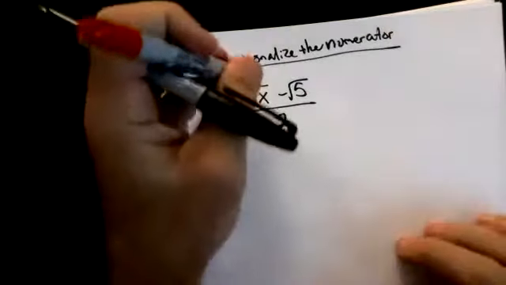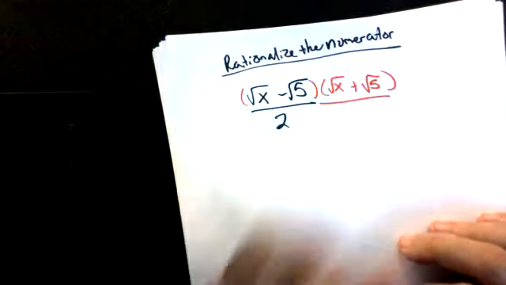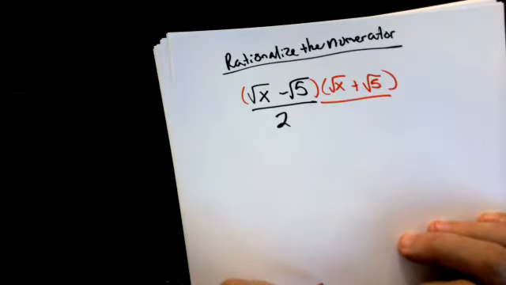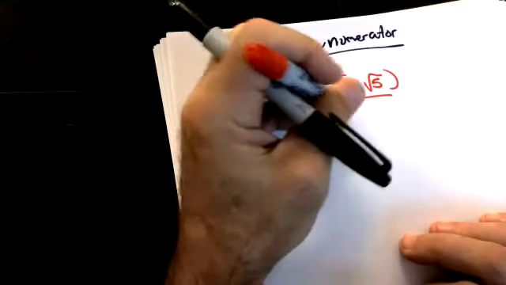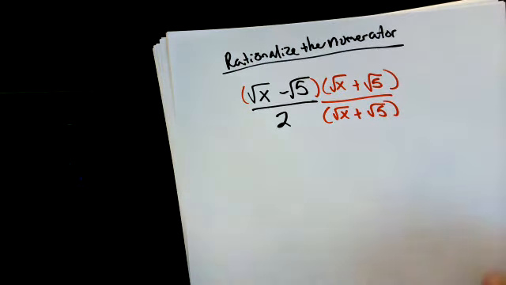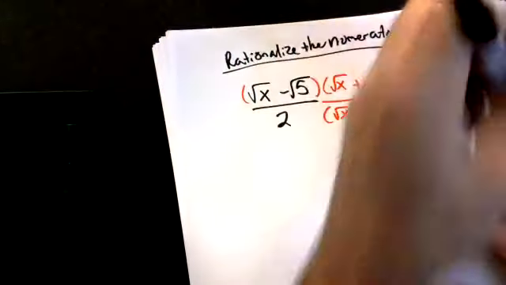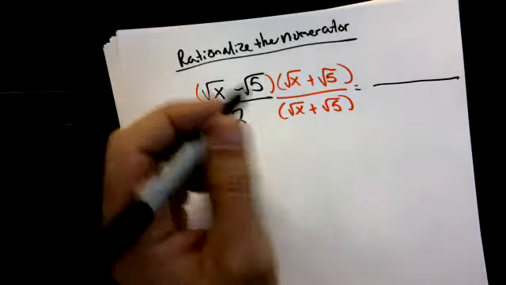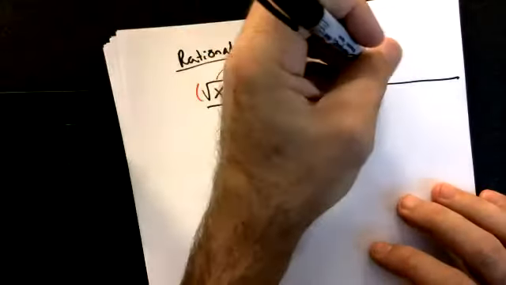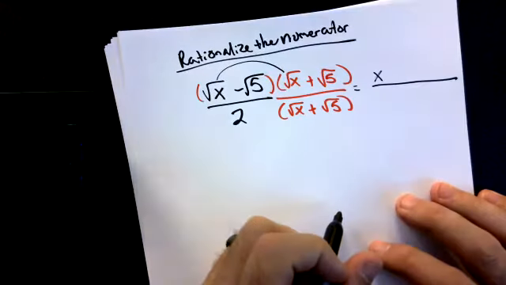So we look at this, and this is what we're going to use. So we're going to multiply by the conjugate of the top. Square root of x times square root of x is x.